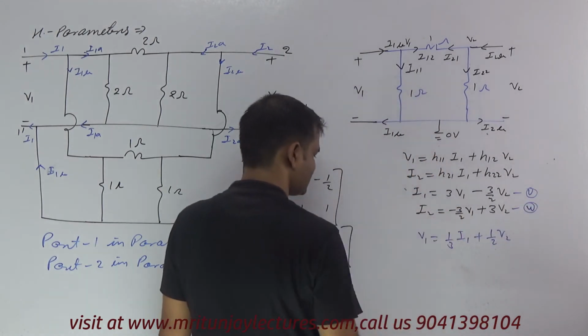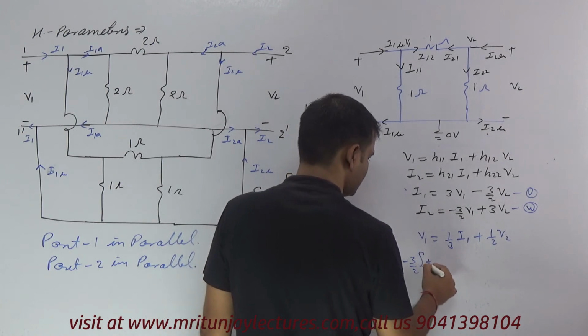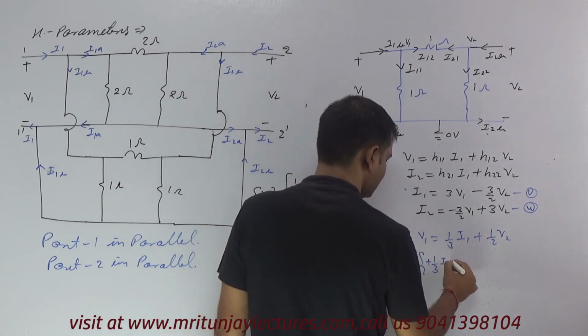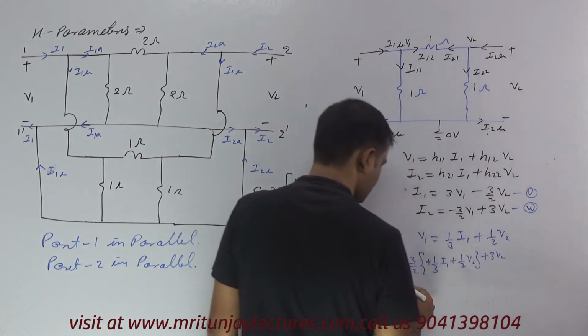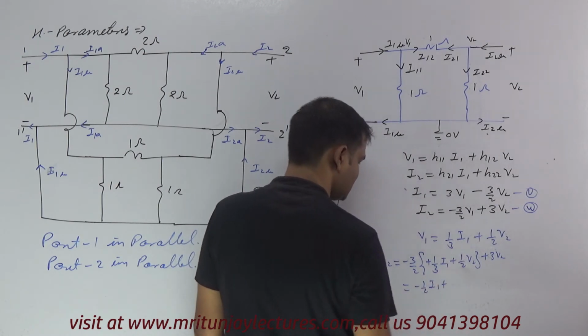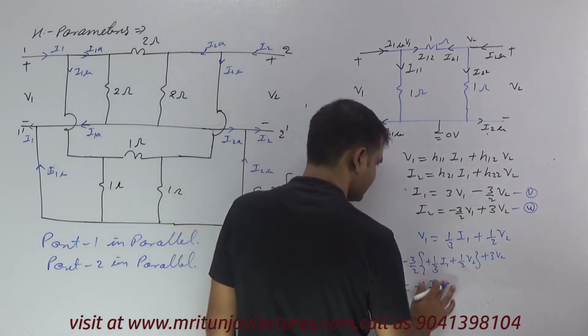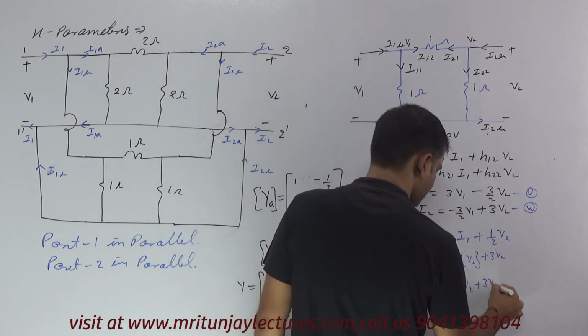If this value is put in equation number 2, then I2 will be equal to minus 3 by 2 into, 1 by 3 I1 plus 1 by 2 V2, plus 3 V2. So minus half into I1 plus minus 3 by 4 V2 plus 3 by 2.